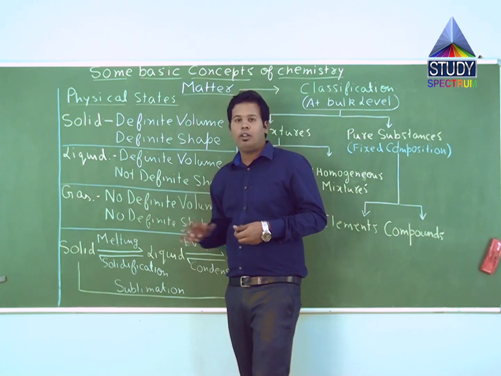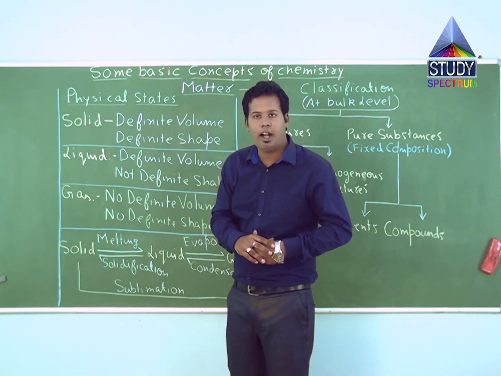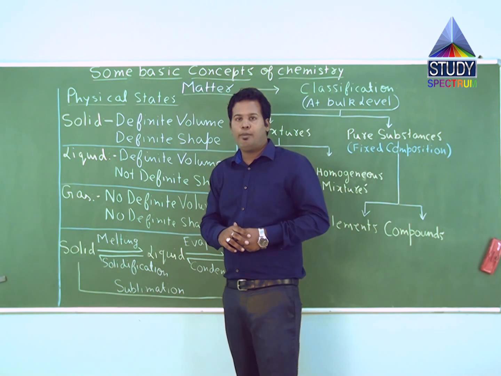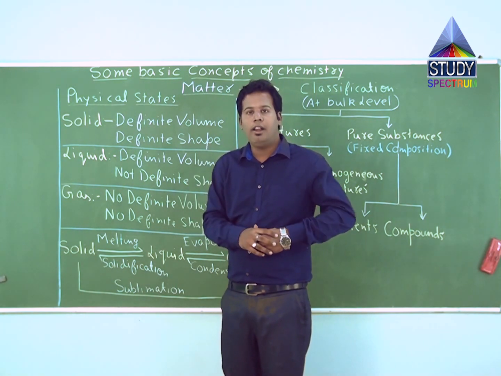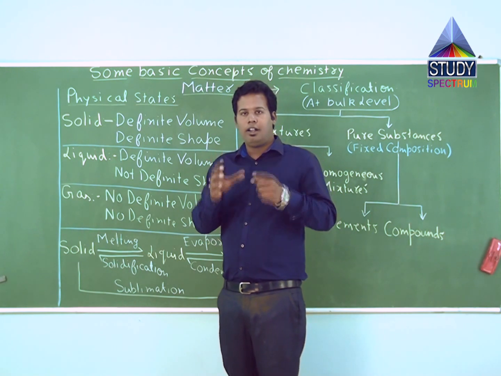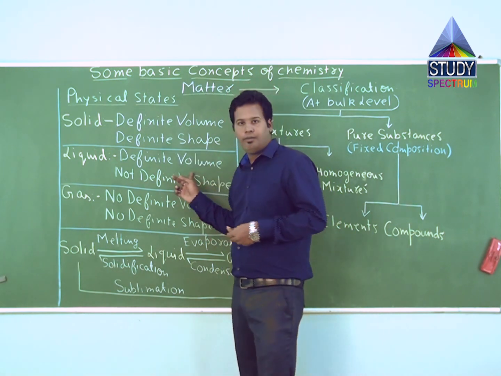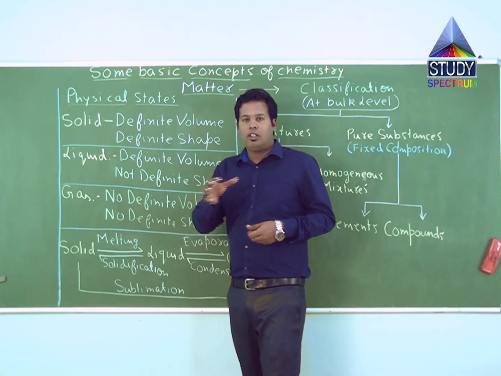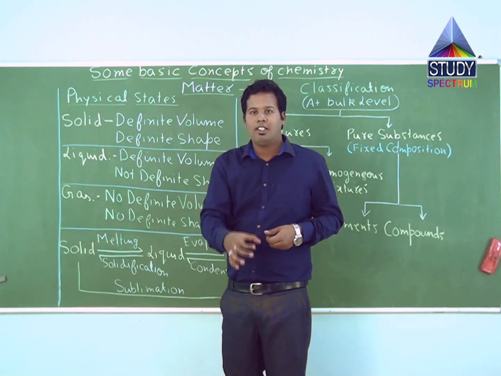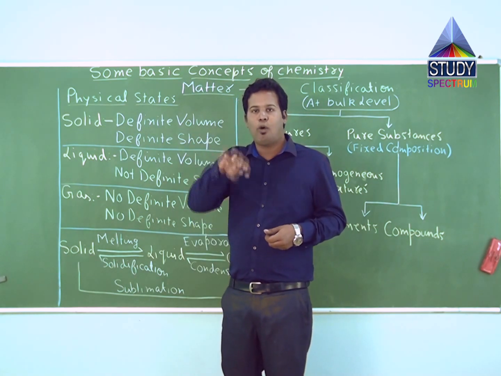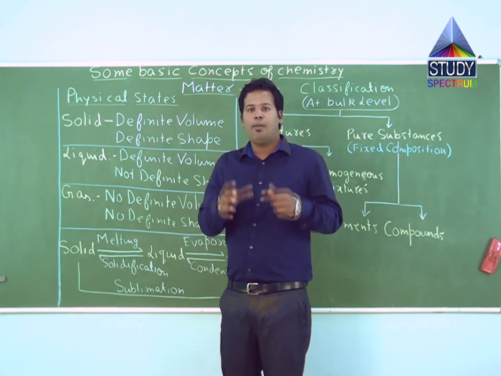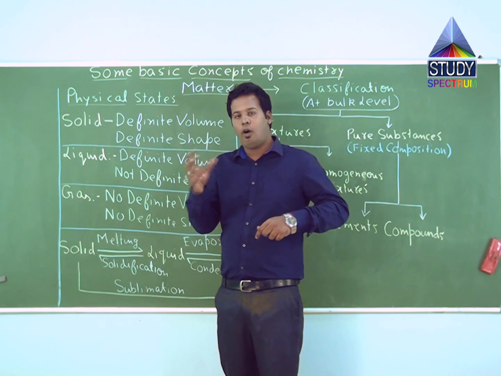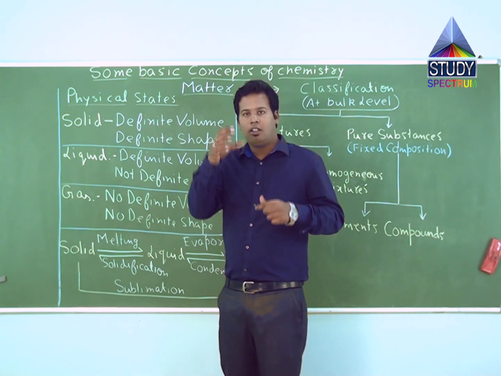Whereas if we talk about the second state of matter, that is liquid, if you pour a liquid into, say, a cylindrical form of bottle, then it will have a definite volume, correct? Why? Because that shape of the bottle is cylindrical, and now since you have poured the liquid into that cylindrical bottle, the shape of the water is now cylindrical.